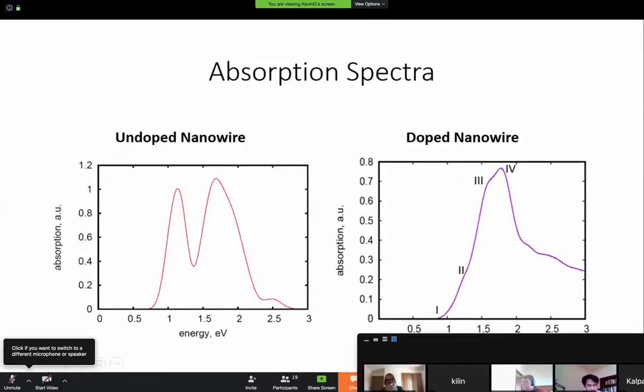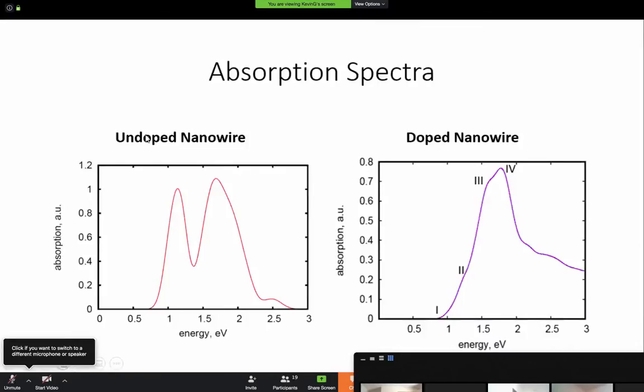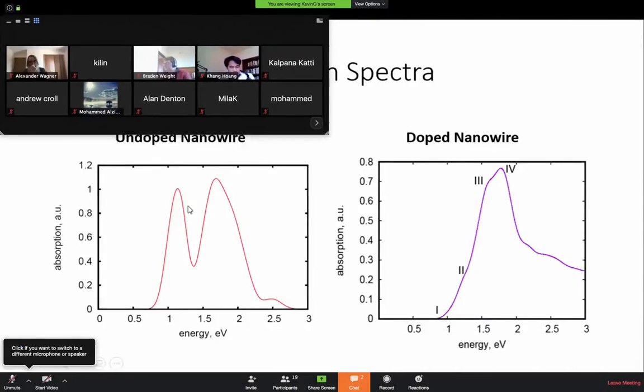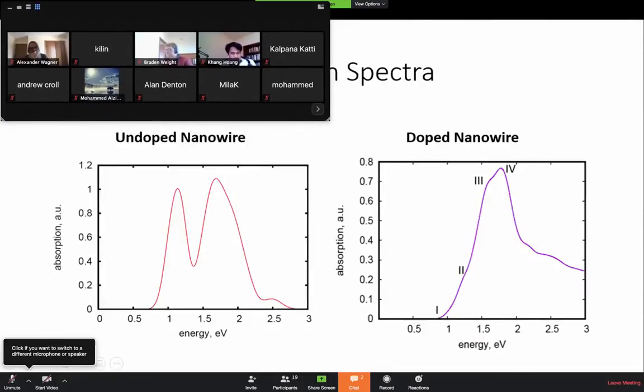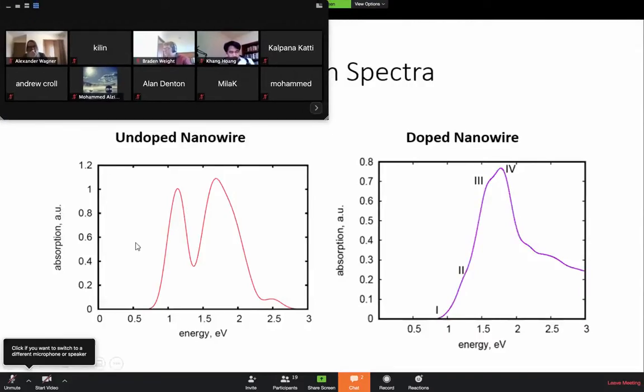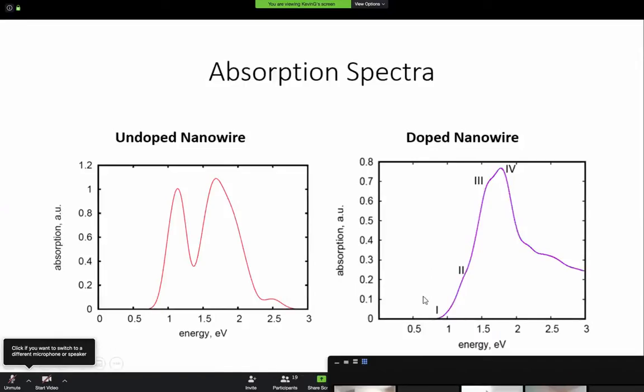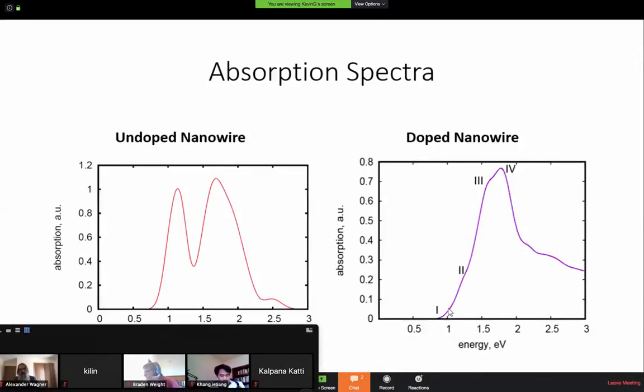And then right here is my absorption spectra. Here is my undoped nanowire, and on my right hand side is the absorption spectra for my doped nanowire. I just wanted to point out that this transition number one, which is right here, is dark.